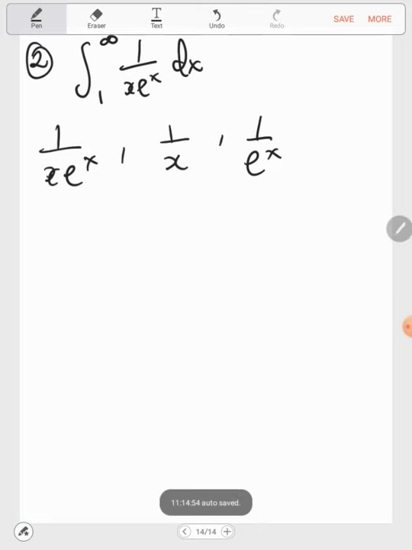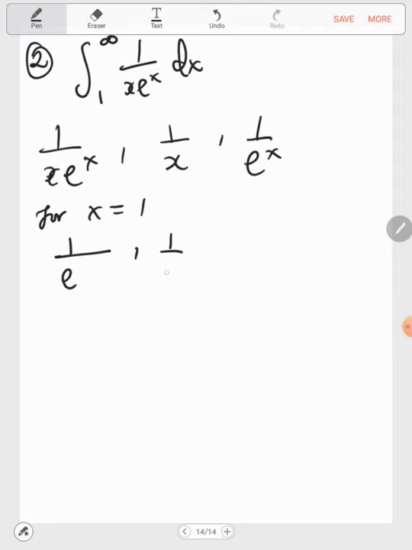Now 1 over x, let's check for x equal 1. Let's see how these functions are. This one will be 1 over e, the other one will be 1 over 1, and this one will also be 1 over e. Maybe let's do 2. So we have 2 multiplied by e to the power 2.